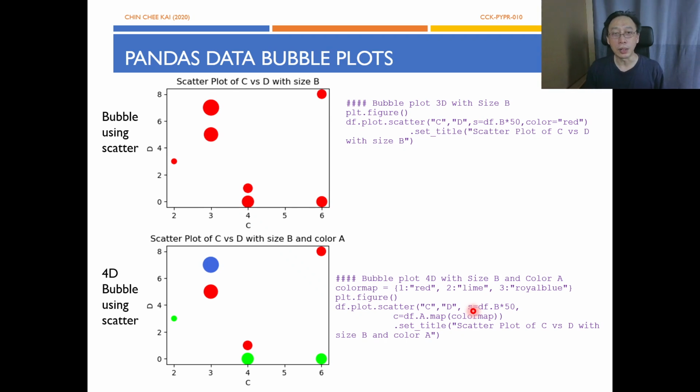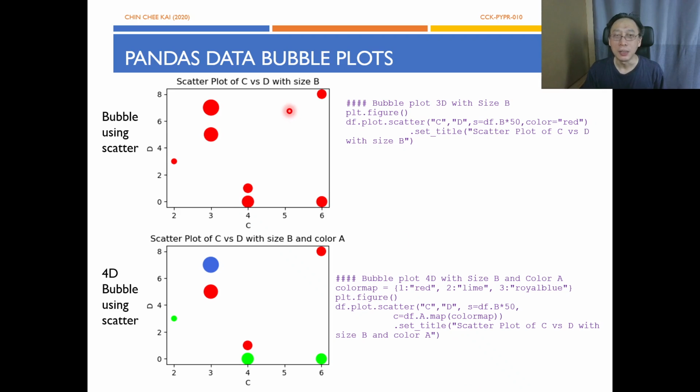Now I want to talk a little bit about bubble plots, which of course, number one, is supported in Excel, and pandas also supports it. Number two, it is really powerful because it actually supports 4-dimensional display. Now you might be wondering, is it possible? Because we all know X and Y is 2D, right?